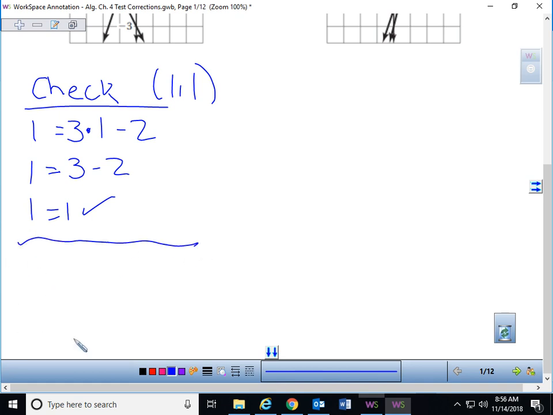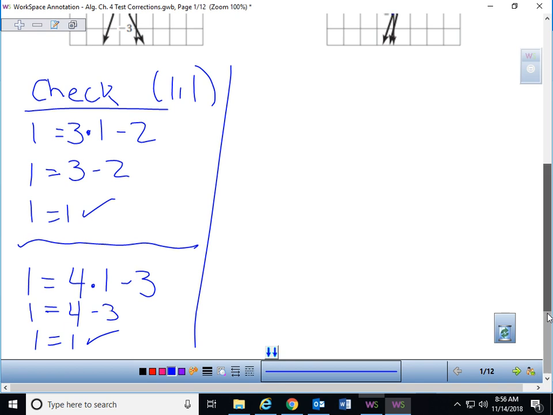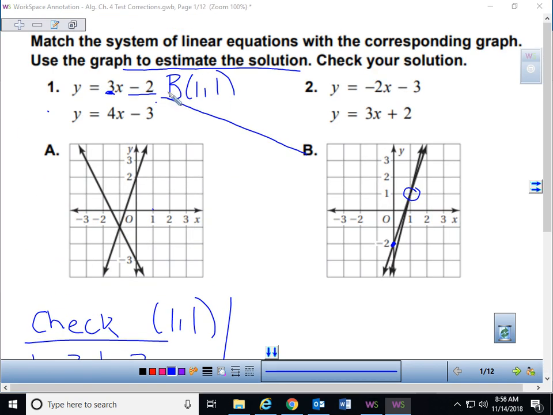That's equation y equals 4x minus 3. So plugging it in, I have 1 equals 4 times 1 minus 3. This gives me 1 equals 4 times 1 is 4 minus 3, and 1 equals 1. So it works out there. So I'm good on this first question. So the answer is B, and the point is 1, 1.